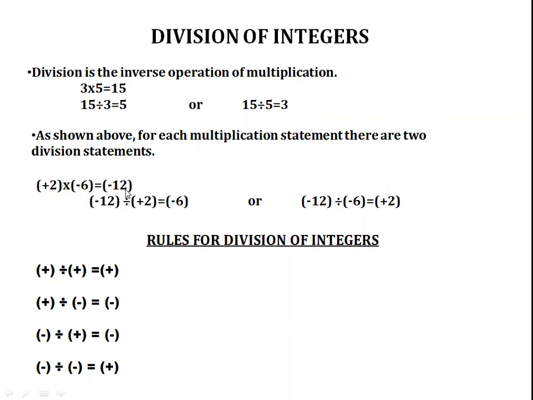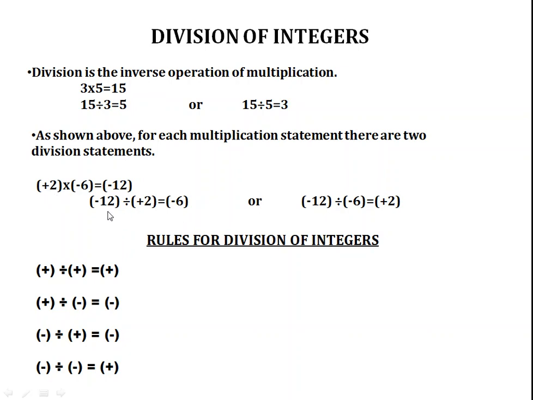So how can you write the division statements? Negative 12 divided by positive 2 equal to negative 6. What will be the next division statement? Negative 12 divided by negative 6 equal to positive 2.